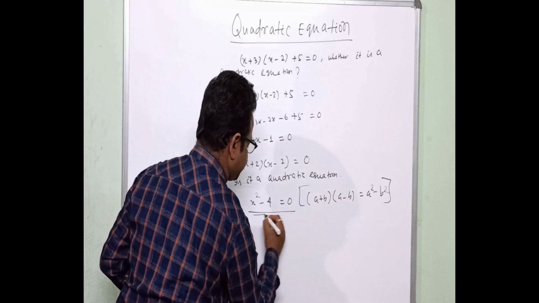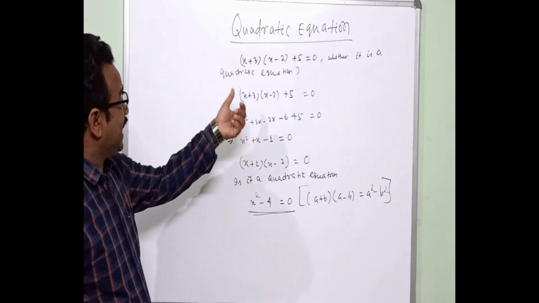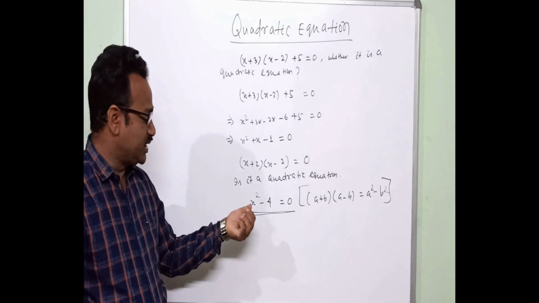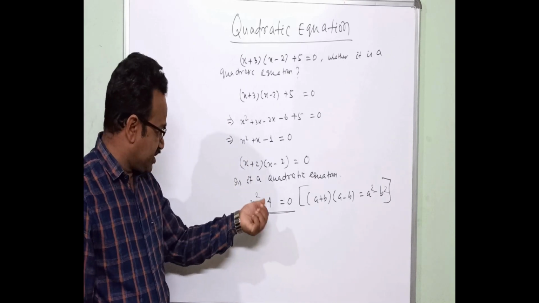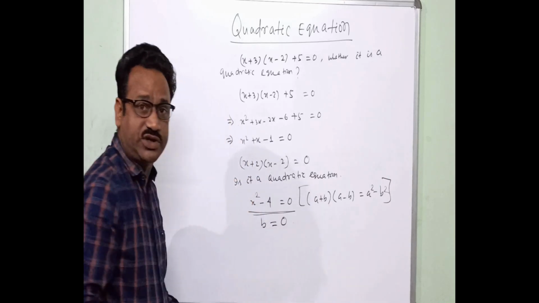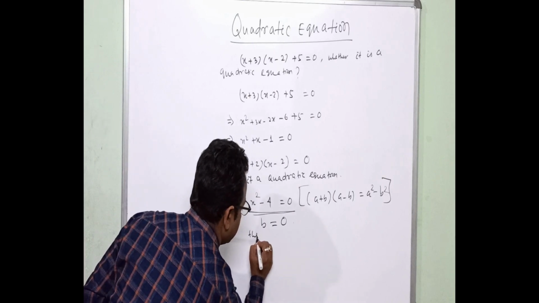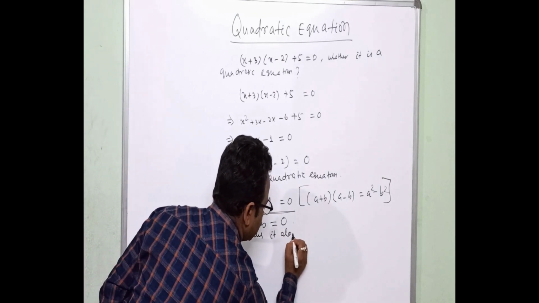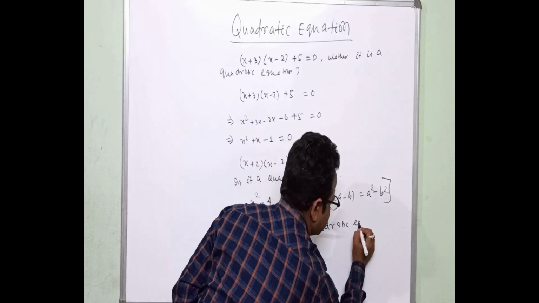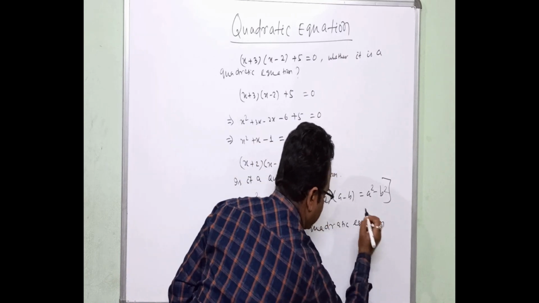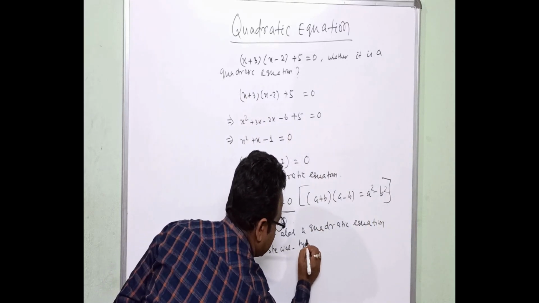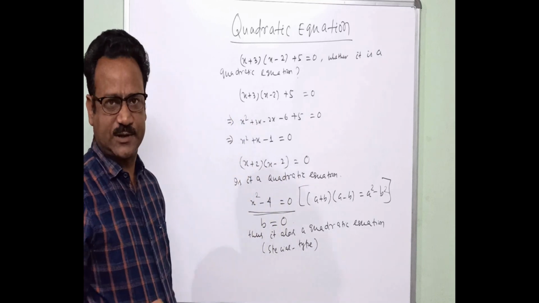Now here it is not in the form of ax square plus bx plus c, but a is there, x square is there, c, the term independent, is there, b is not there. So here b is equal to 0. Thus, it is also a quadratic equation. This is a special type, the difference of squares.